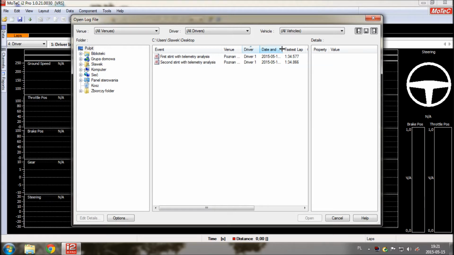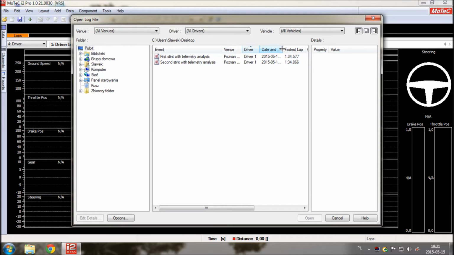So of course, after the analysis of the first stint, we had a goal, and he tried to improve his style, his technique in the second stint.